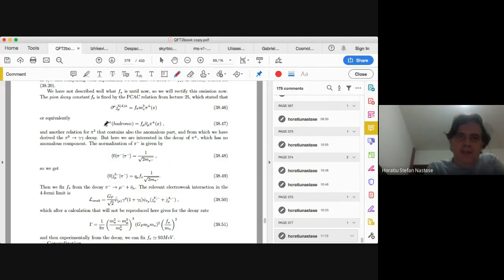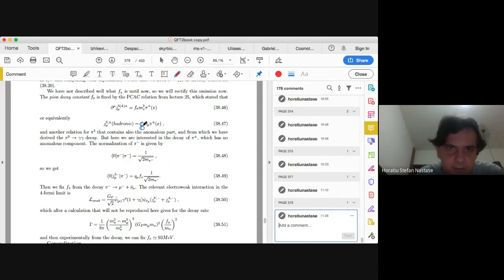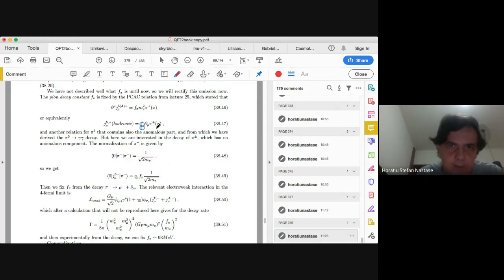Equivalently, this means that the hadronic J mu 5 plus minus is f pi d mu pi plus minus, because if I take another derivative, then I get d squared on pi plus minus, which is by the equation of motion, m pi squared.